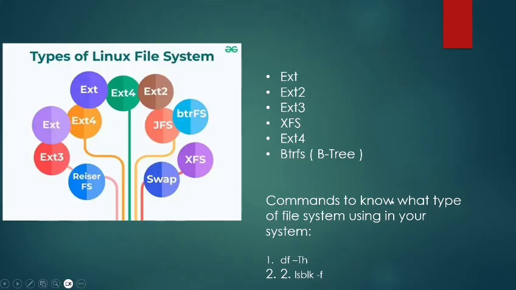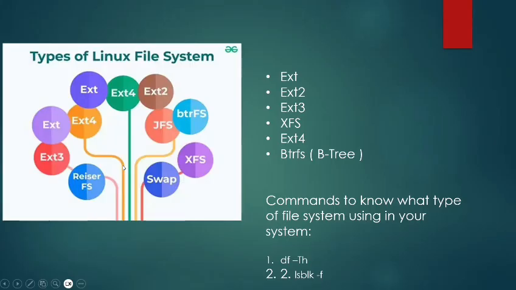If you want to see what file system is being used in your Linux operating system, we have two commands to find out: df -Th and lsblk -f. Let's see, I now have Ubuntu and Red Hat distributions.